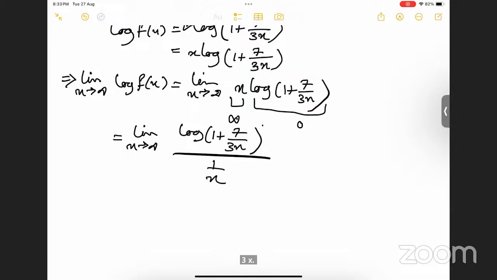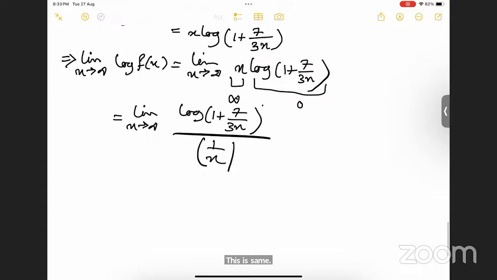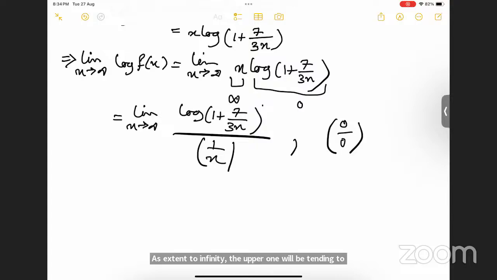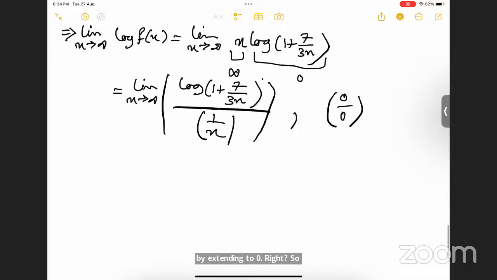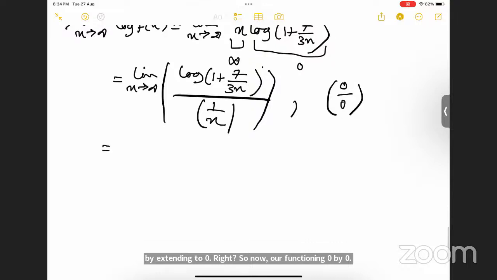This is the same basically, right? Yes, ma'am. Yeah. So now we can see that it is in 0 by 0 form, right? As x tends to infinity, the upper one will be tending to log 1, which is 0. And as x extends to infinity, 1 by x tends to 0, right? So now our function is in 0 by 0 form. So now we can apply the L'Hopital rule or L'Hospital rule. Okay.